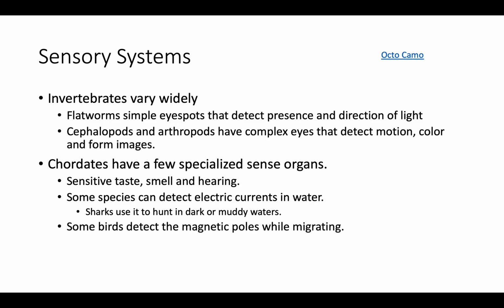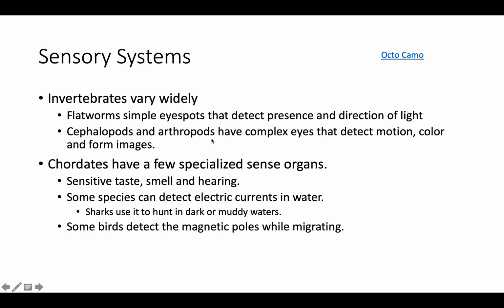Those 5 senses, in the human body, are considered special senses because they have a certain processing center in the brain. Flatworms have eye spots, and they're just pretty much detecting the presence of light or darkness. It's going to move away from the light and into the darkness. So that's pretty much how that works.